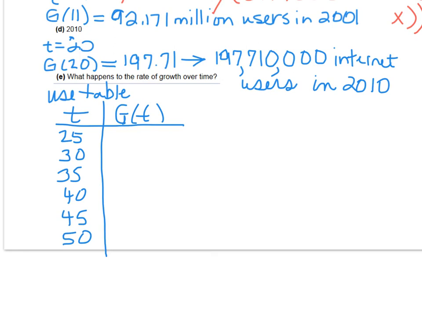And by putting in those larger and larger numbers, this is what I see happen. At 20, of course, it was 197.71. At 25, it is 207.6. At 30, it is 209.55. At 35, it is 209.92.